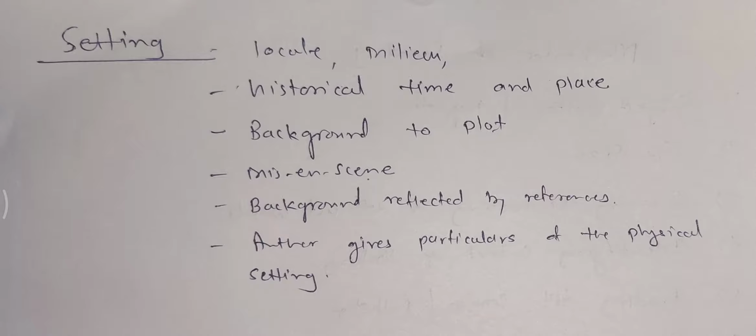So the relevant environment and the ambience created by the story writer gives the background to the plot of the story or the novel. So setting has particular references to the historical time and place.